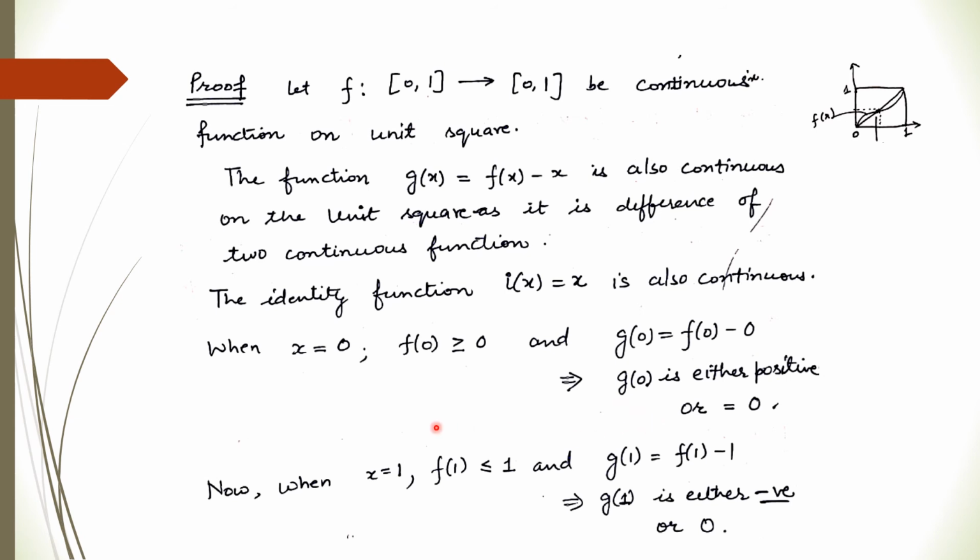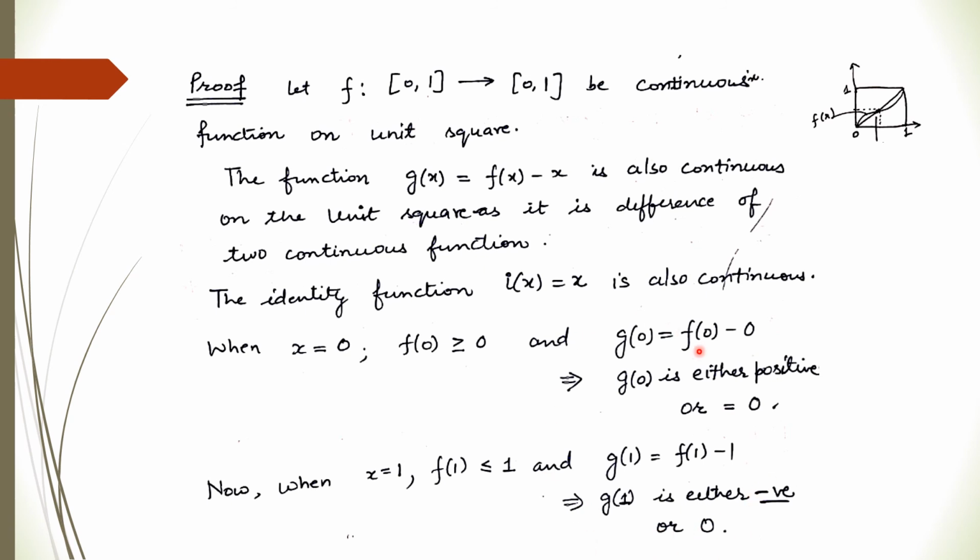Once again, g(x) is a continuous function defined on the closed interval [0, 1], and at the end points the function has opposite signs: g(0) is greater than or equal to 0 and g(1) is less than or equal to 0.